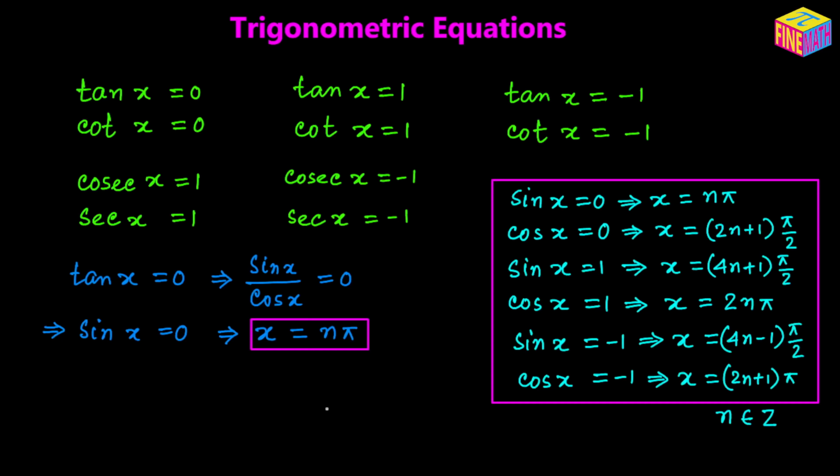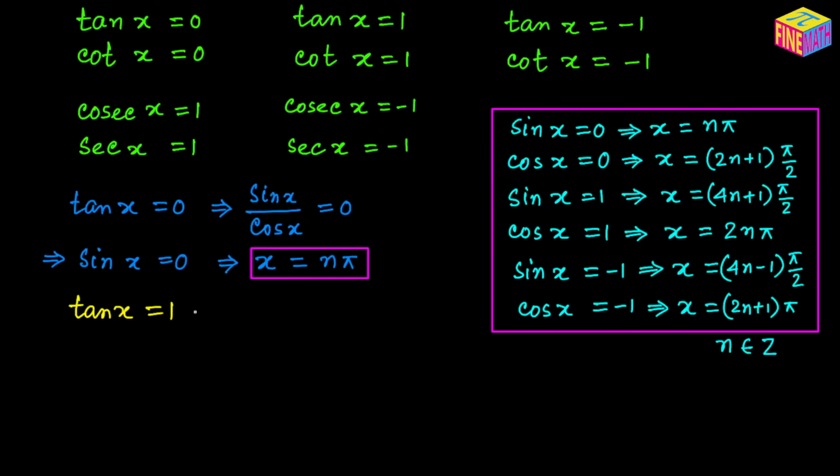Now let's talk about tangent of x equals 1, and this can be written as tangent of 45 degrees, which is pi over 4. And in the previous video we have learned the general solution of tangent of x equals tangent of alpha, and the general solution was x equals n times pi plus alpha. So in this case alpha is actually pi over 4.